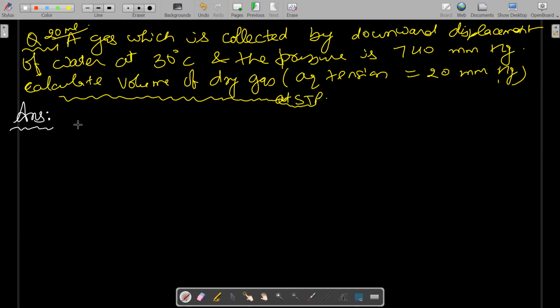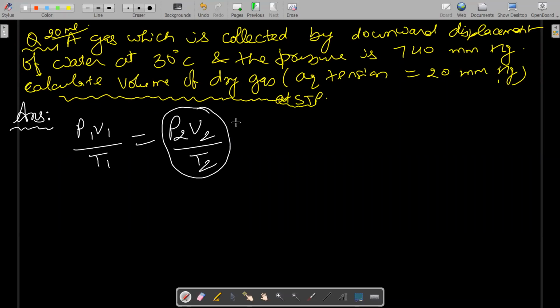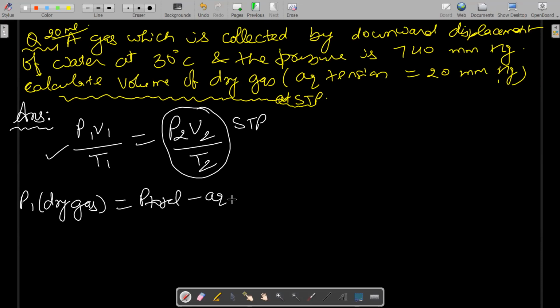So which formula do you have to apply? P1 V1 upon T1 is equal to P2 V2 upon T2. Suppose one you are taking as STP, and this is according to the question. Suppose P1 is this, the pressure of the dry gas, which is equal to the total pressure minus aqueous tension.